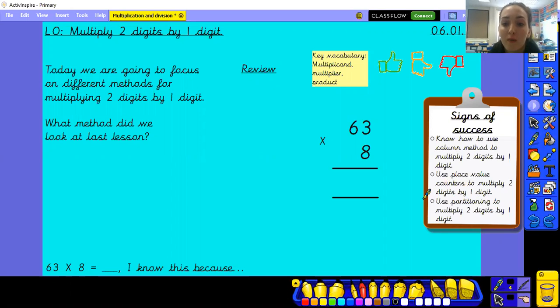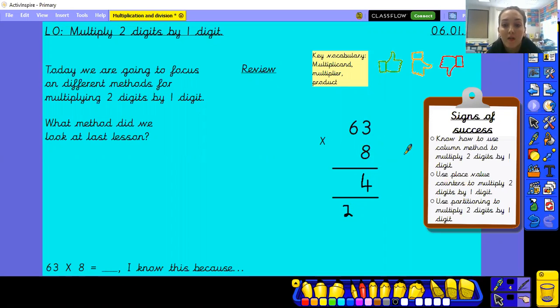So when we do column method, we start by doing the multiplier times the ones digit of the multiplicand. So we're going to do 8 times 3, which is 24. So we place our 4 in the ones column here and carry our 2 underneath, ready for the next multiplication.